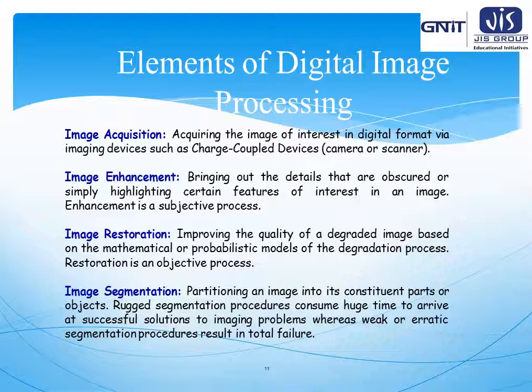Next is image enhancement: bringing out the details that are obscured or simply highlighting certain features of interest in an image. Enhancement is a subjective process. After that, image restoration is described as improving the quality of a degraded image based on mathematical or probabilistic models of the degradation process. Restoration is an objective process.